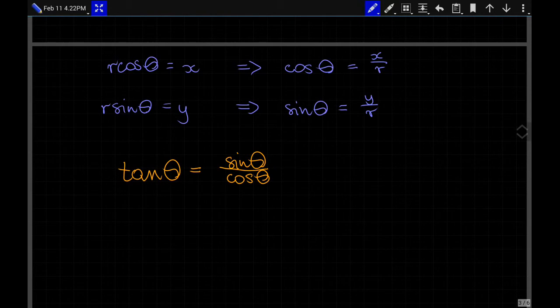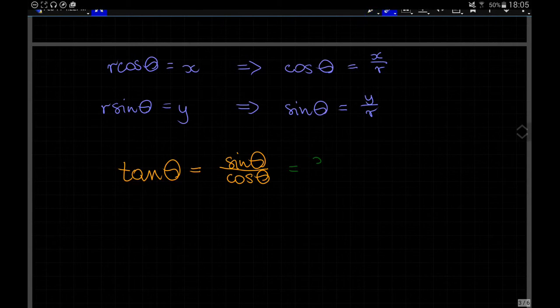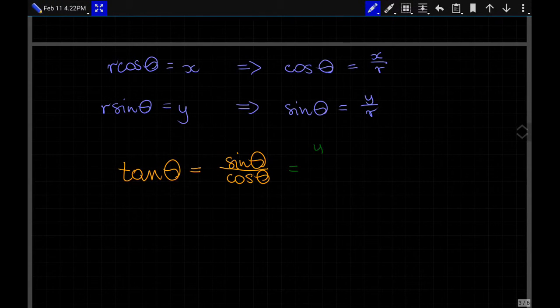So tangent theta is just equal to y over r over x over r, which is just y over x. And then if we take the inverse trigonometric function, we have tangent to the -1 of y over x equals theta.